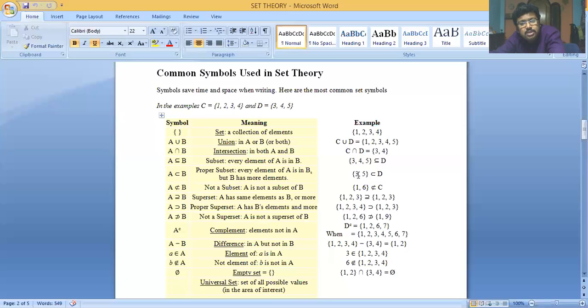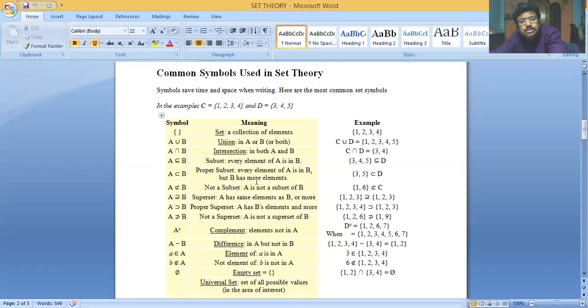In this example, 3 and 5, these two elements, 3 and 5, this set is a proper subset.